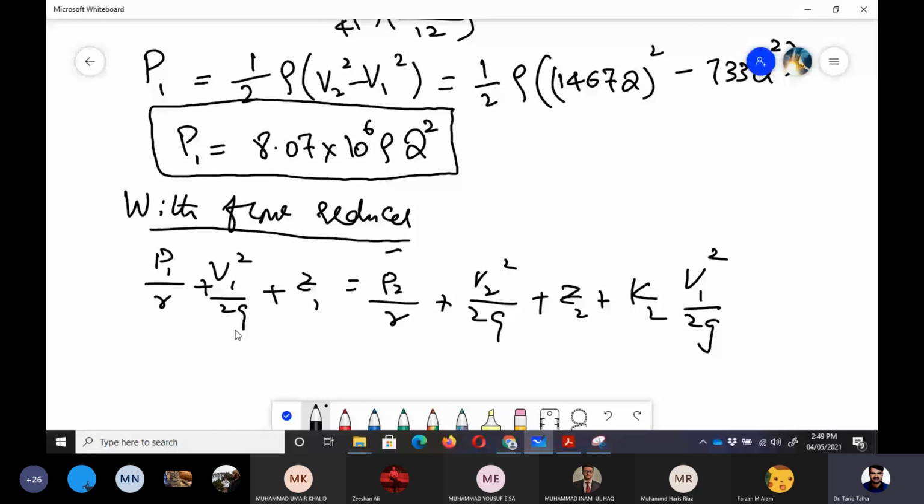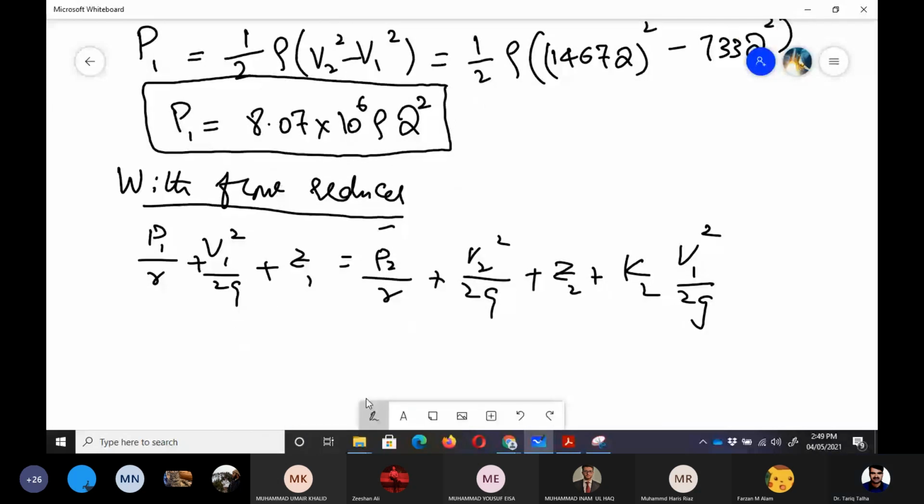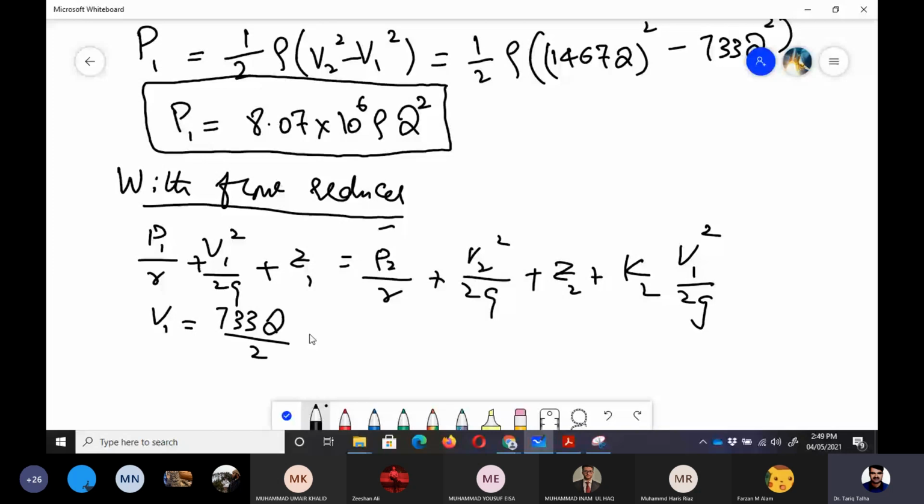The only thing is, because the flow rate is reduced, that would affect the velocity. So V1 now becomes 733 Q divided by 2, and V2 would be 1467 Q divided by 2. Why is there a division by 2? Because the volume flow rate has been reduced by 2.